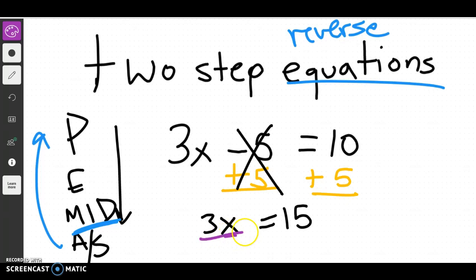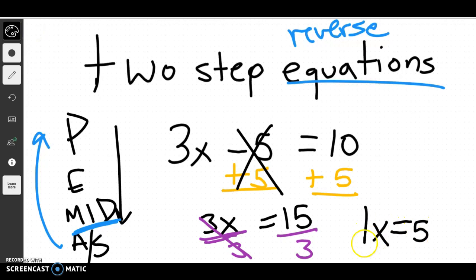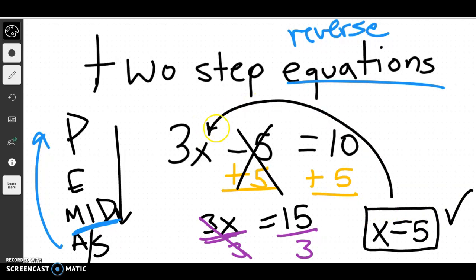The opposite of multiplication is division, so again we divide both sides. 3 divided by 3 is 1, so I have 1x on this side, and 15 divided by 3 is 5. So x equals 5. If you want to double check, plug it back into the beginning. 5 times 3 is 15, 15 minus 5 is 10. Yep, we did it right.